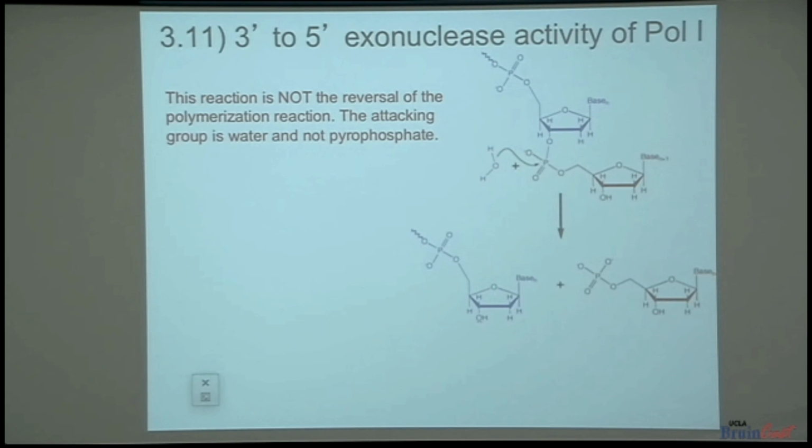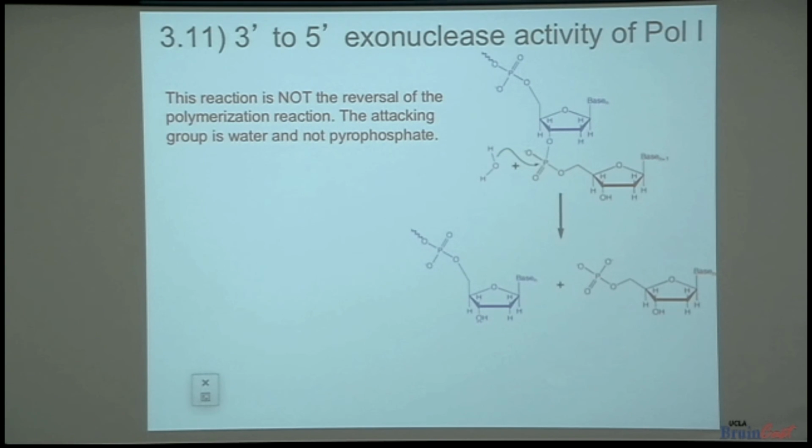This reaction is not the reversal of the polymerization reaction. How can we tell, just from looking at these products, that this is not the reversal of the polymerization reaction? Yes? It only has one phosphate. Exactly. If this was the reversal of the polymerization reaction, then one of the products should be a nucleoside triphosphate, since in the polymerization reaction, one of the substrates is a nucleoside triphosphate.